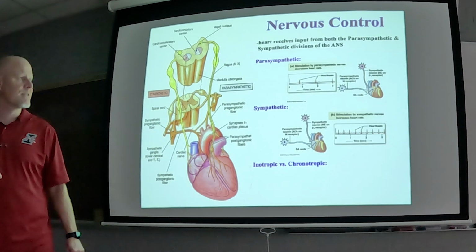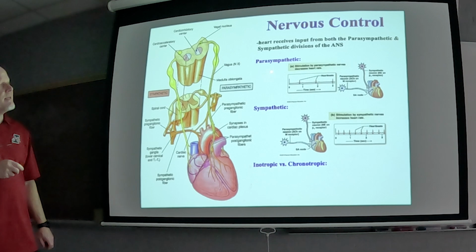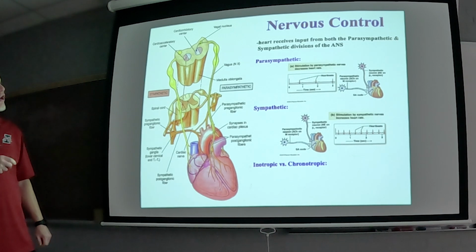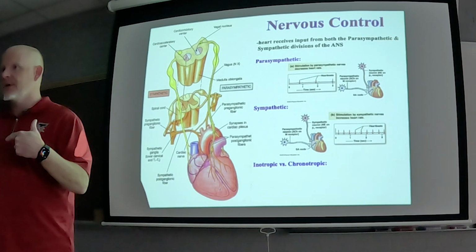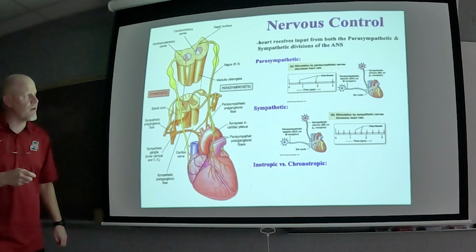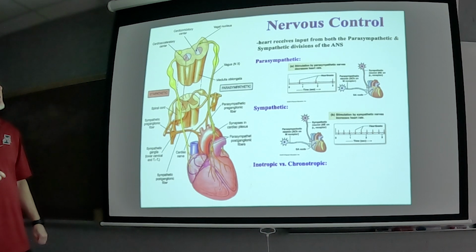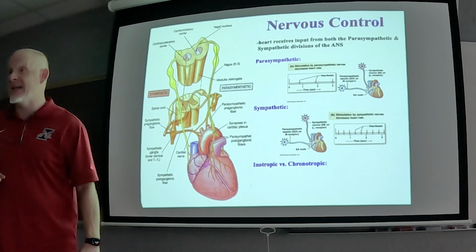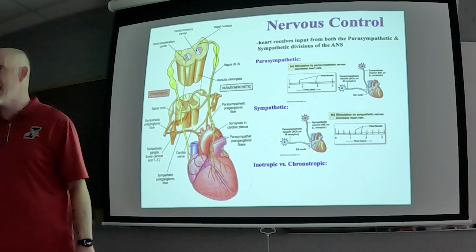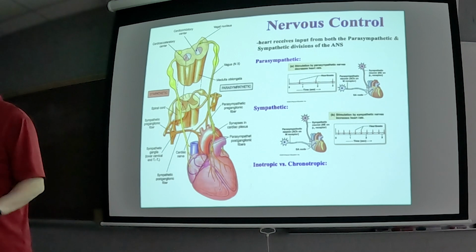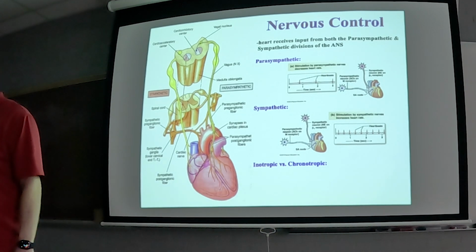Both of these divisions send nerves to the heart, right? The parasympathetic nervous system sends innervation to the heart via a nerve called the vagus nerve, which, if you take anatomy, is an important nerve of the parasympathetic nervous system.